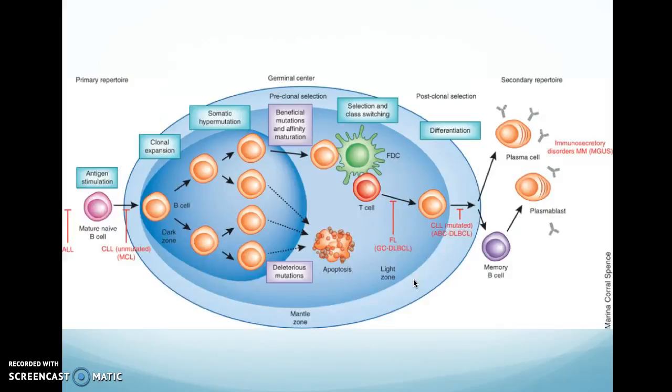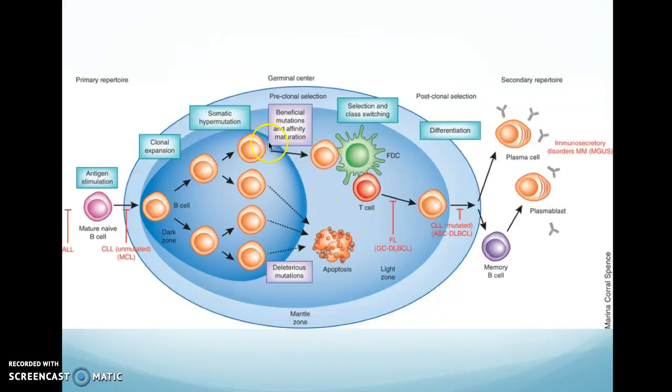This is a picture that I thought was pretty cool. It has an outline of what's going on. Here you have a mature naive B cell, and then one way leads to beneficial mutation and affinity maturation, and another way leads to apoptosis, which is programmed cell death.